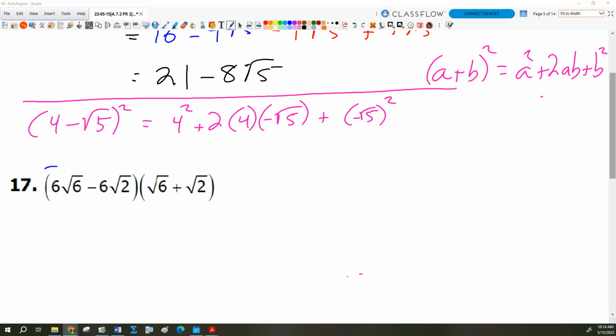Look how easy that is, right? That just gives us 16. I got positive times negative is negative. 2 times 4 is 8 times square root of 5.